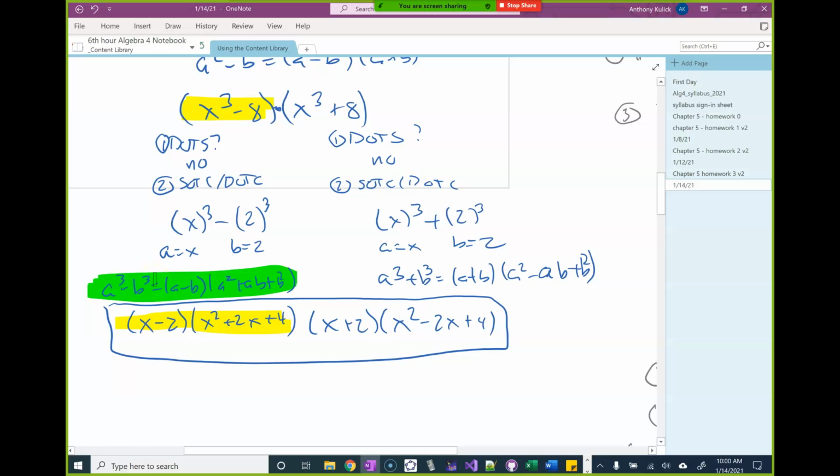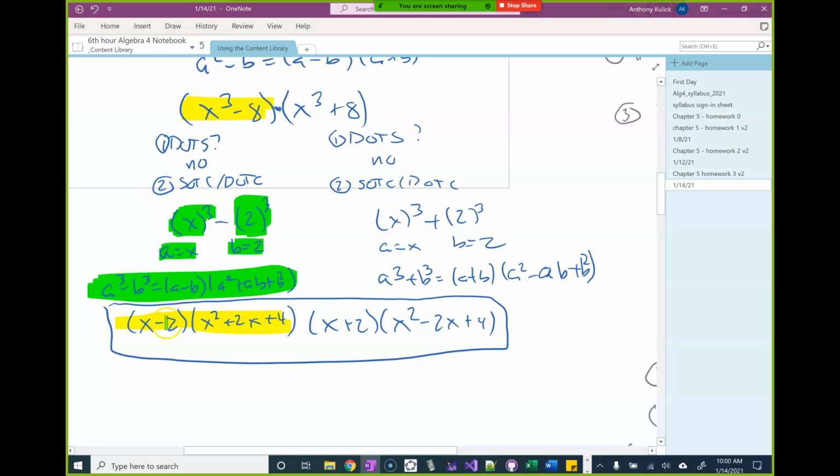So what I did is I rewrote x cubed minus 8 as something cubed minus something cubed. x cubed is just x to the third, 8 is 2 to the third. So that tells me my values for a and b, which I then plugged into the right-hand side of this formula to get a minus b is x minus 2, a squared is x squared, ab is 2x, b squared is 4. Does that make sense now?